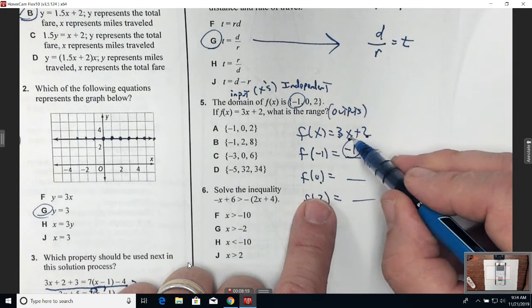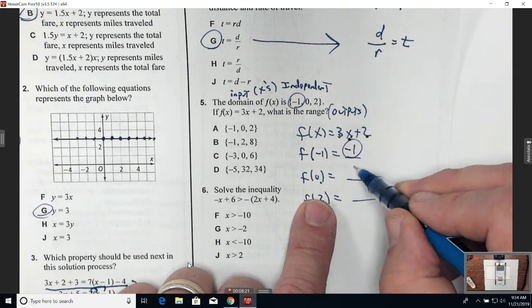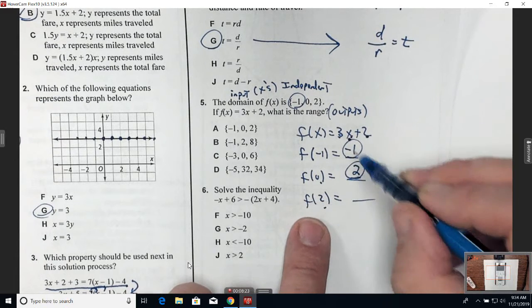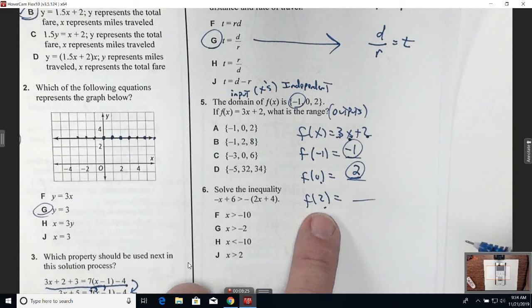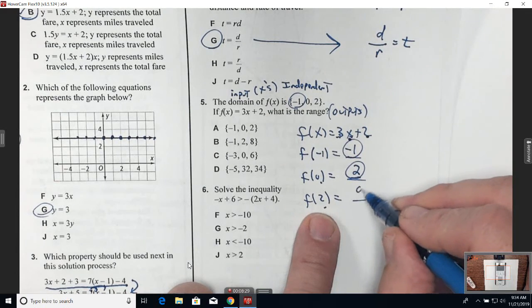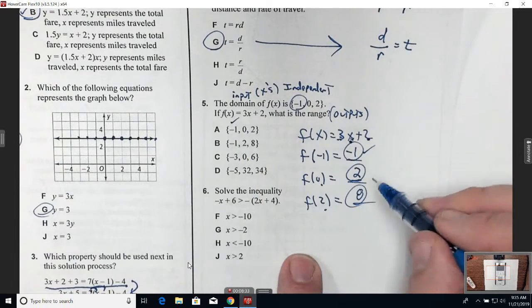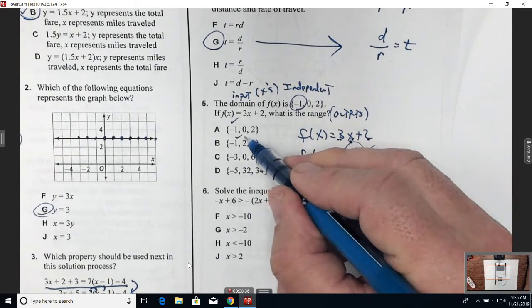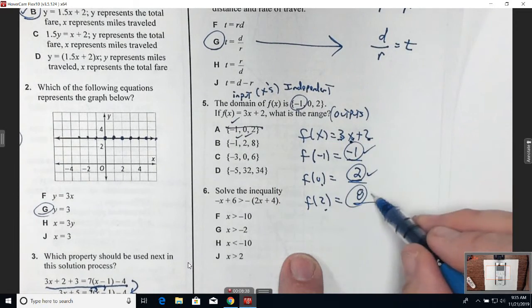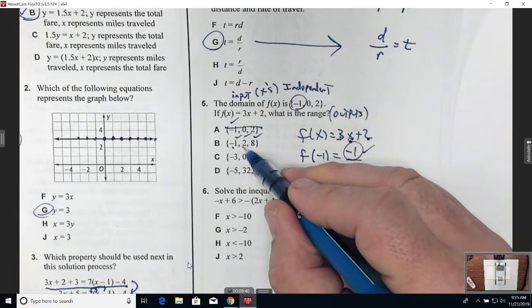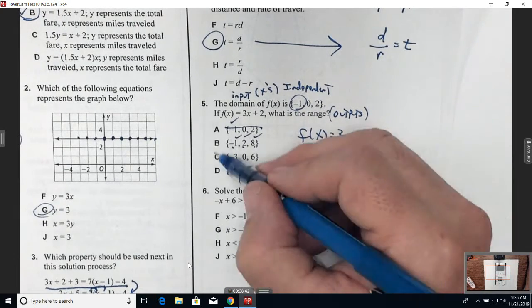Plug in a 0. 3 times 0 is 0 plus 2 is 2. Plug in a 2. 3 times 2 is 6. Plus 2 would give you 8. So I'd get -1, 2, 8, so it's not A. -1, 2, 8, so it's got to be B.